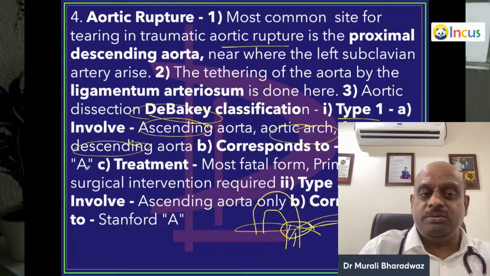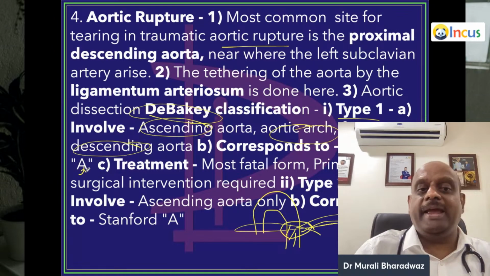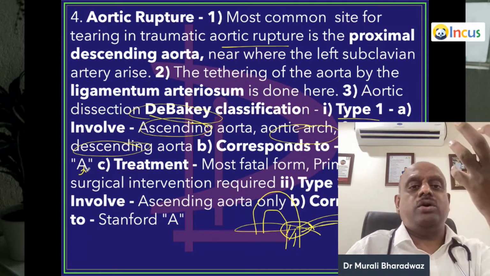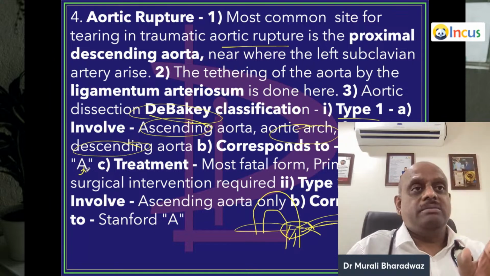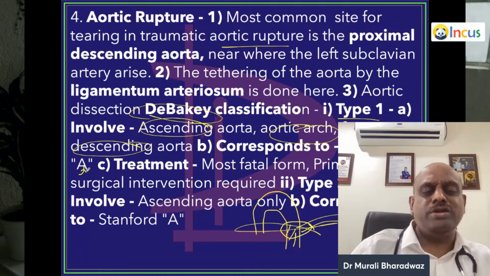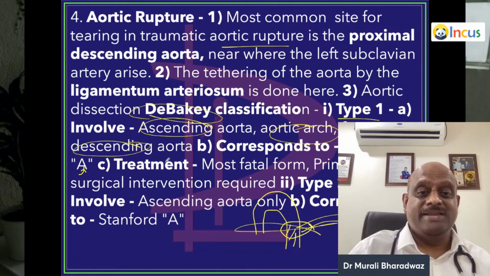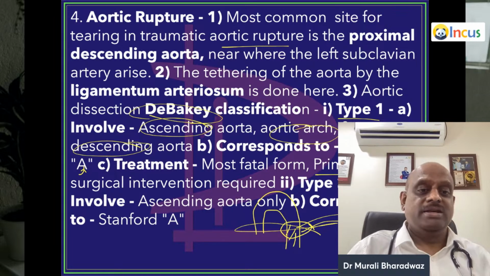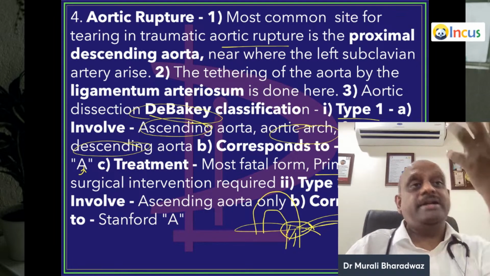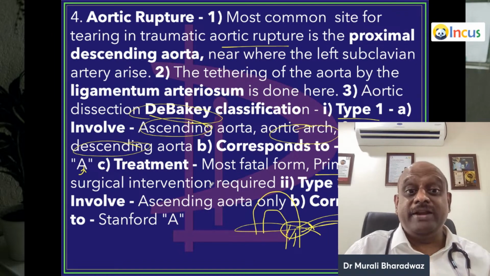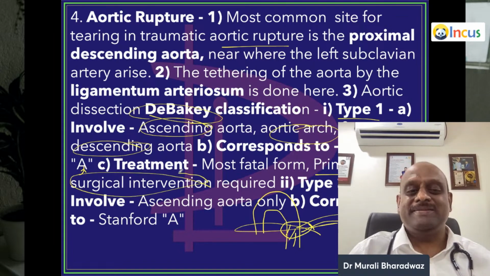It corresponds to the Stanford classification A. And whenever ascending aorta is involved, the aortic valve is involved, and that leads to severe aortic regurgitation, and that becomes fatal. And in all such cases, wherever ascending aorta is involved, what is the treatment, doctor? No more medical intervention. We need to do surgical intervention.